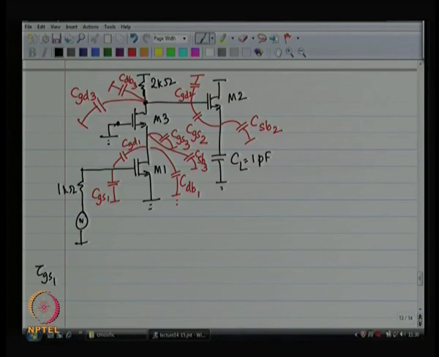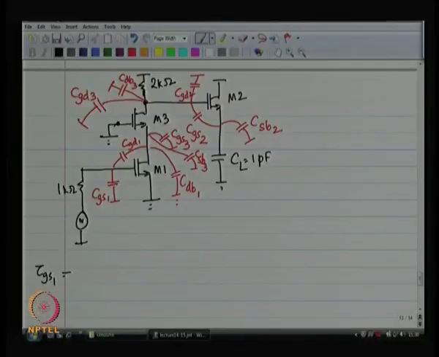So, you pull out that particular capacitor, kill everything else and see what is the resistance looking in from those two terminals. So, you see 1 kilo. So, 1 kilo ohm times CGS1 is 200 picoseconds.